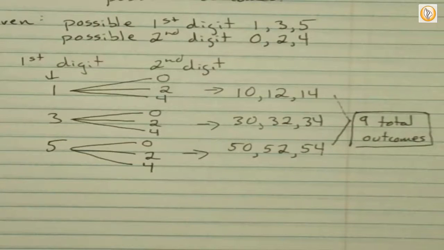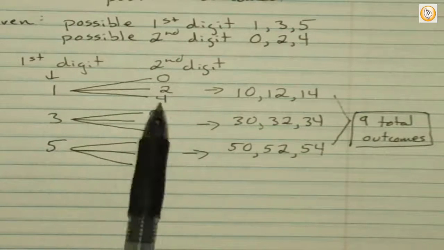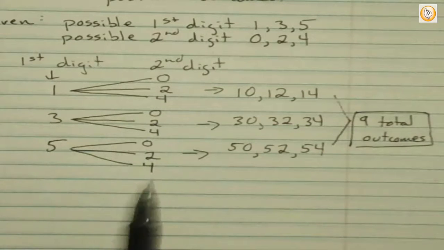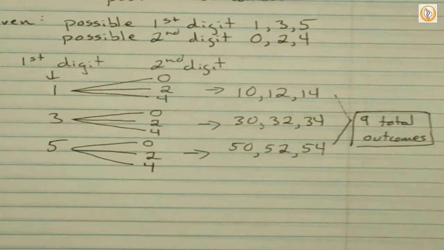So we're looking at all the possible outcomes. We listed the first digit and the possible second digits or combinations. And we have 9 total outcomes.